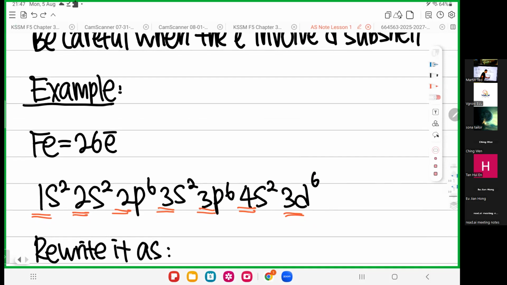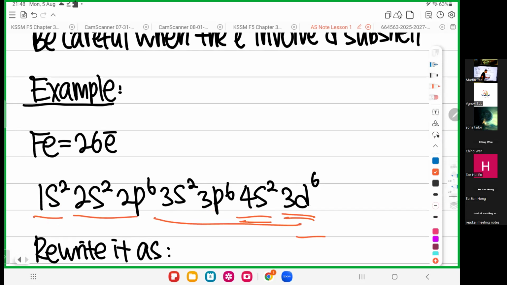This arrangement is correct, but it's not so beautiful, because fourth floor then third floor is not good. You want first floor, second floor, third floor all the way, and only then the fourth floor.